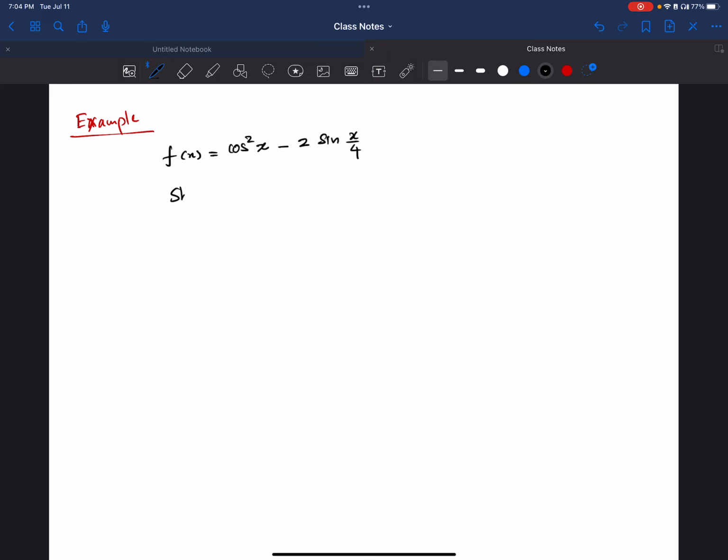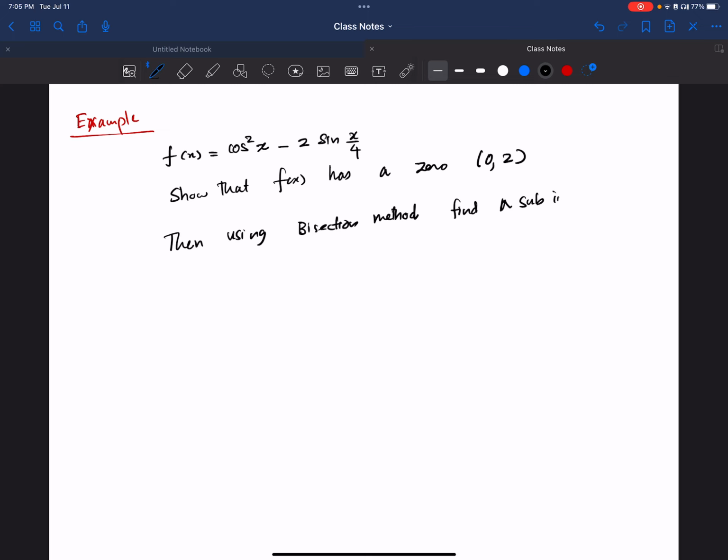Show that f of x has a 0 in this interval, and then using the bisection method, find a subinterval of 0 to 2 of length 1/8 that contains a 0 of f.